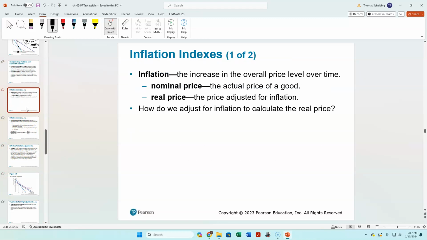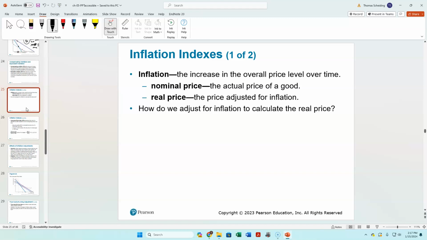Or alternatively, when we're looking at the price of a good going up, what I can instead calculate are various inflation indices that change.